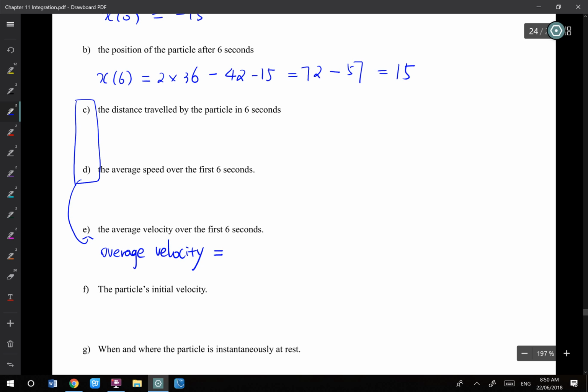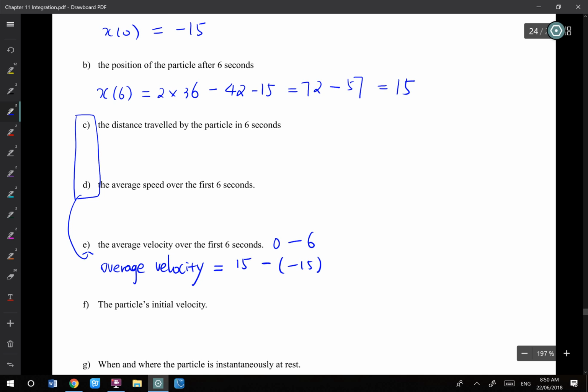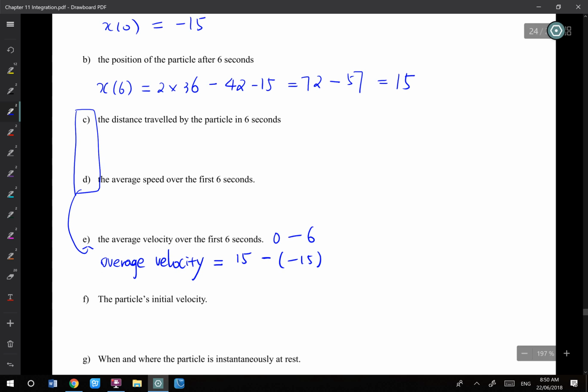So 0 seconds to 6 seconds: the position at time 6, which is 15, minus the position at time 0, which is minus 15. We subtract them, final position minus initial position over 6 minus 0. That gives you 30 over 6, and that's 5 meters per second.